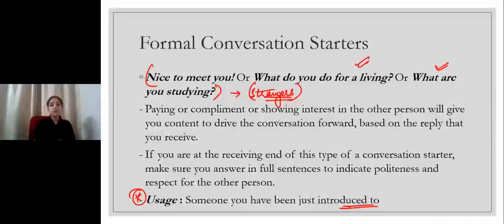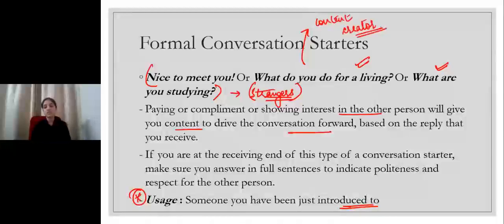Paying a compliment or showing interest in the other person will give you content to drive the conversation forward. So if this person says I am a content creator, you can carry this conversation forward. You can say, oh, that sounds like an interesting profile. What do you do?